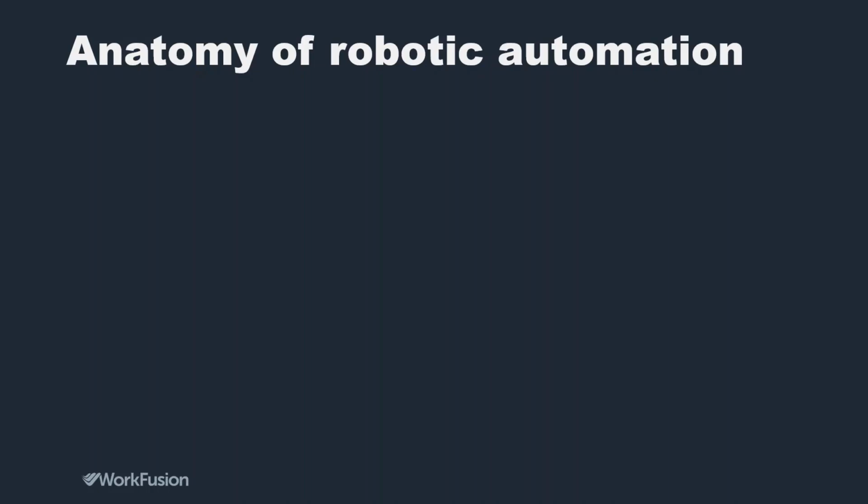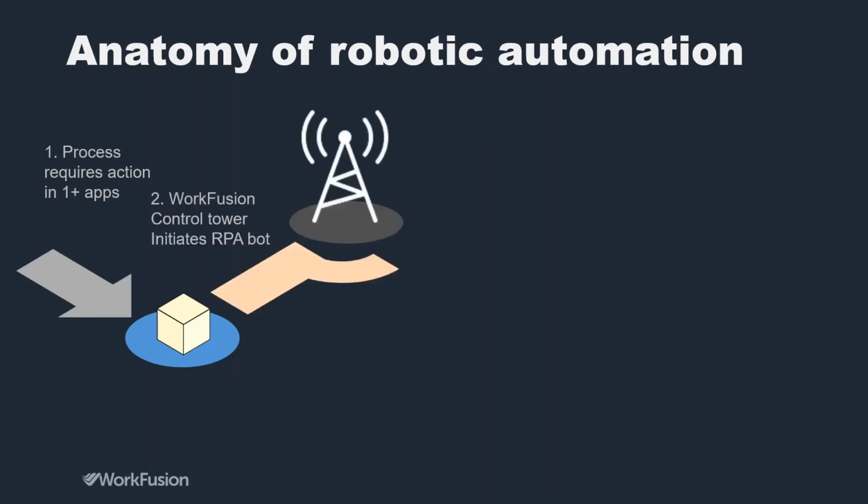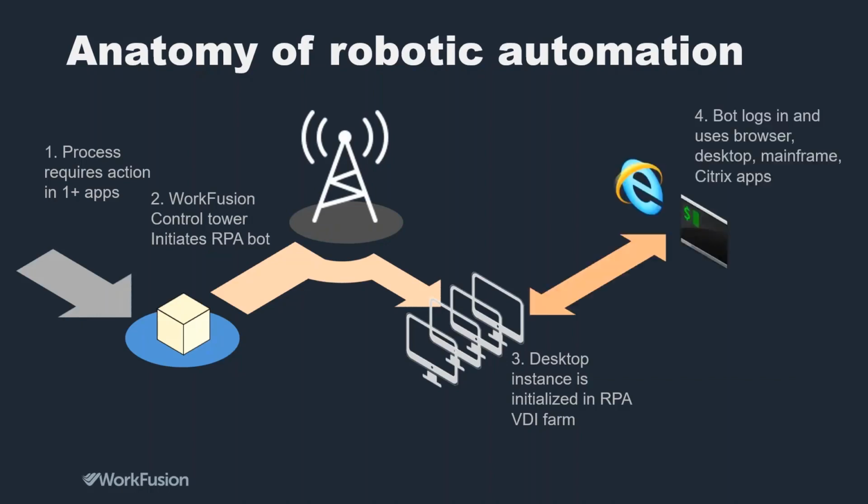We mentioned that you had the centralized processing for things like OCR and machine learning. Because you're doing a lot of that centrally, you're not doing it with the bots, so you can use the bots for what they do best, which is interacting with the user interfaces. So when in the process, it knows it needs to get access to an app, it knows which bots have access to that app, it can acquire a VDI, it can send the instructions to the VDI and complete that particular task.